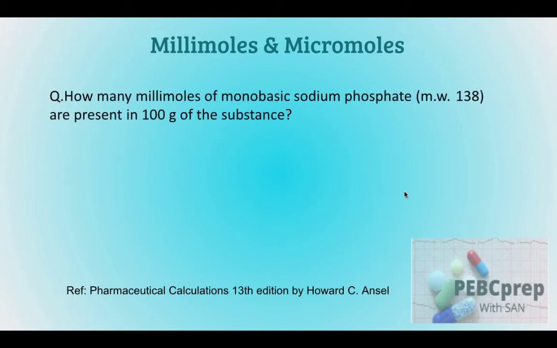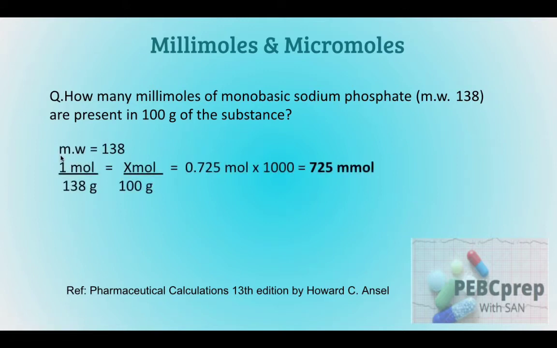Our first question we have, how many millimoles of monobasic sodium phosphate, molecular weight 138, and remember it will always be in gram, are present in 100 grams of substance? Since in question we have molecular weight 138, which is equal to 1 mole, so we have 1 mole in 138 grams.